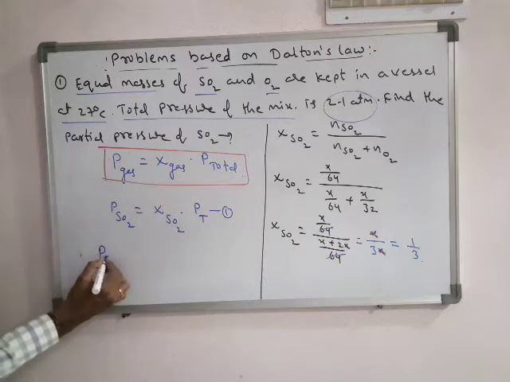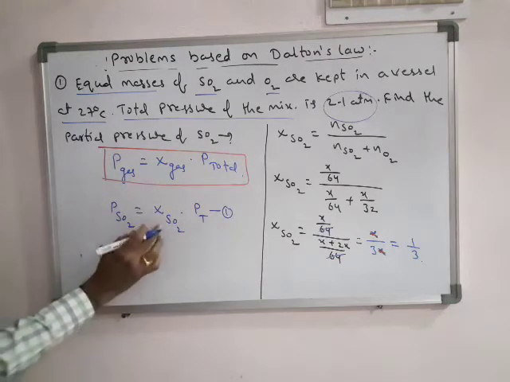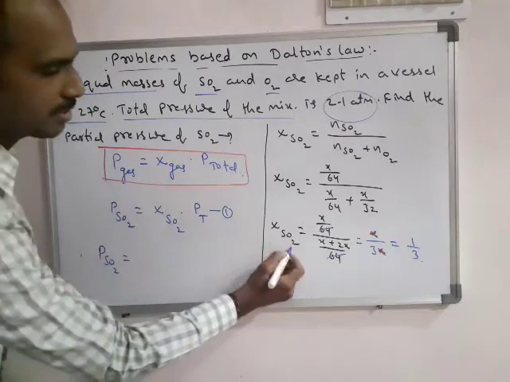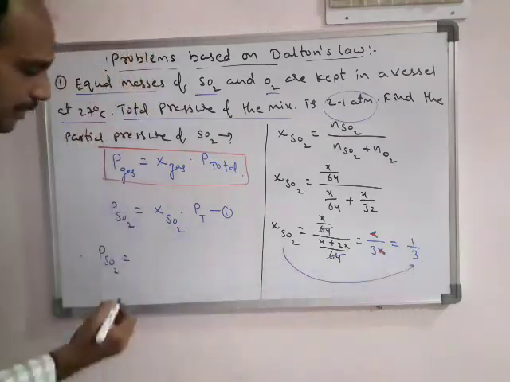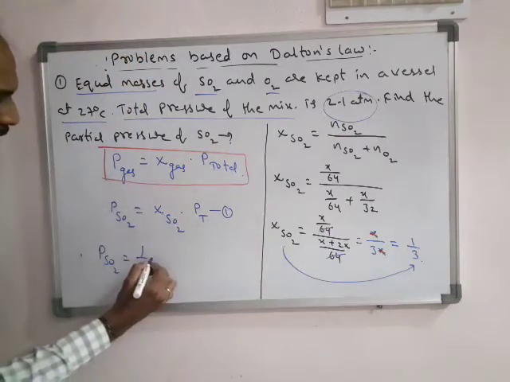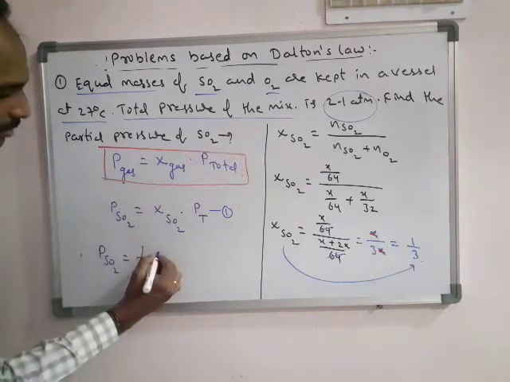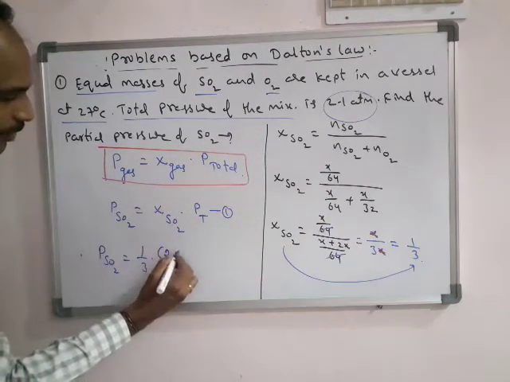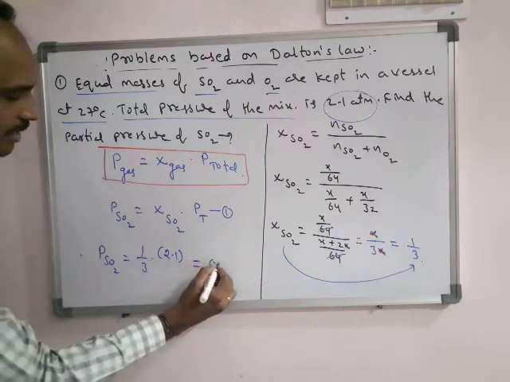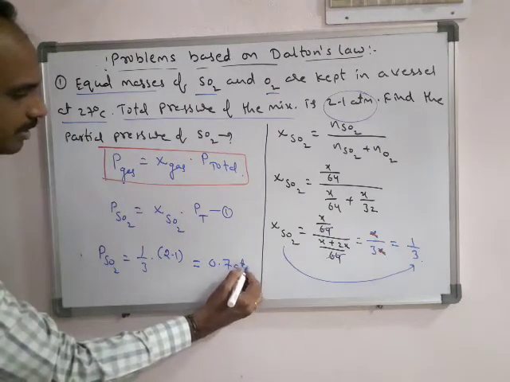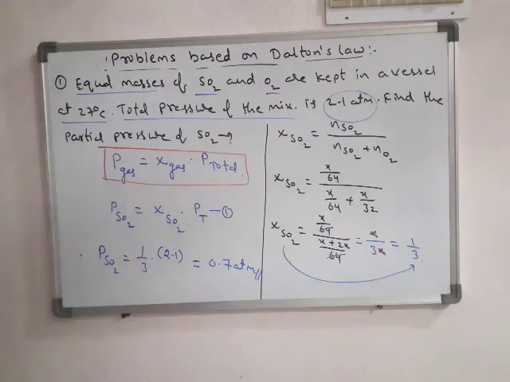Therefore P SO2 is equal to X SO2, which is 1 by 3, times the total pressure, 2.1. So it gives exactly 0.7 atmosphere pressure. Okay, so take it down.